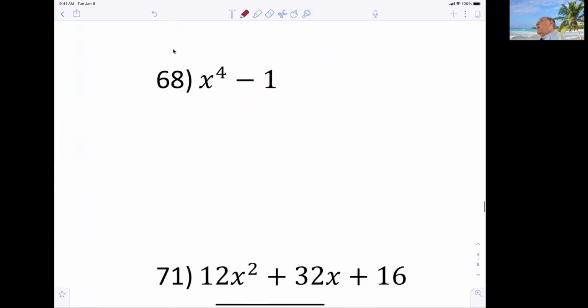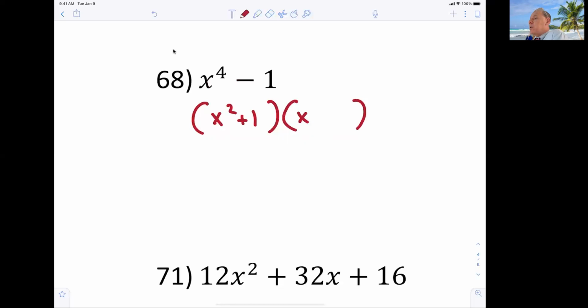All right, now x to the fourth minus 1. So what is it? X squared plus 1, x squared minus 1. Now what? Does the x squared plus 1 factor? No. X squared plus 1 does not factor because of the plus 1. There's no way for the middle term to be 0 if the last is positive.